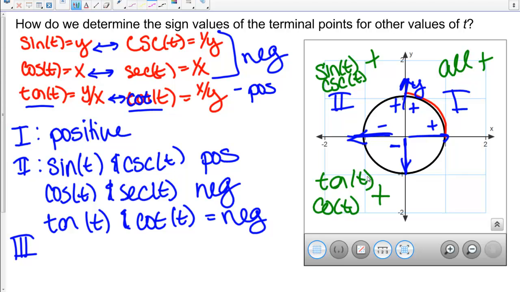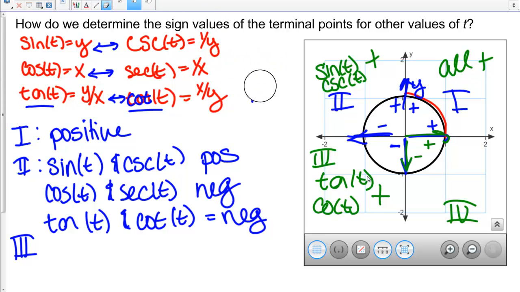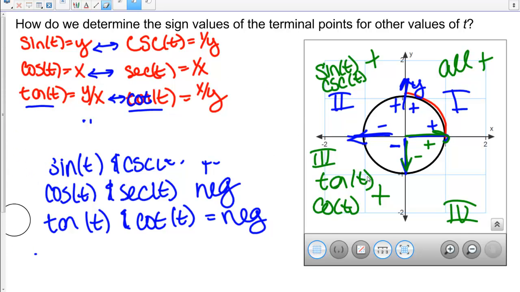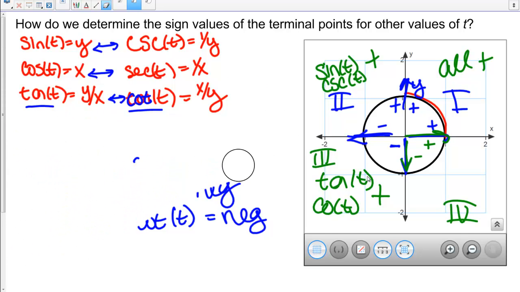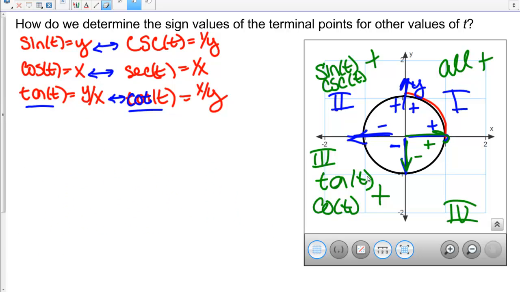And what about in the fourth quadrant? So that was the third. In the fourth quadrant, we have positive x, negative y. So that means that in the fourth quadrant, my sine and cosecant are going to be negative.